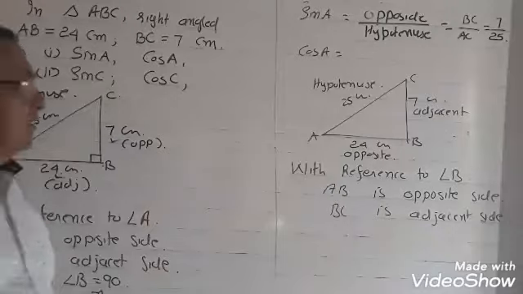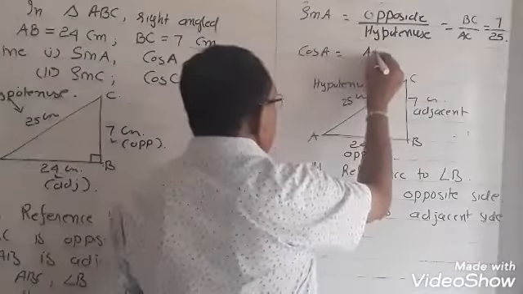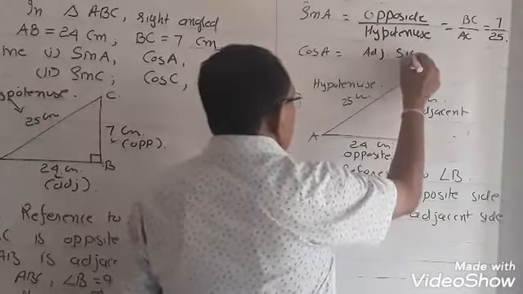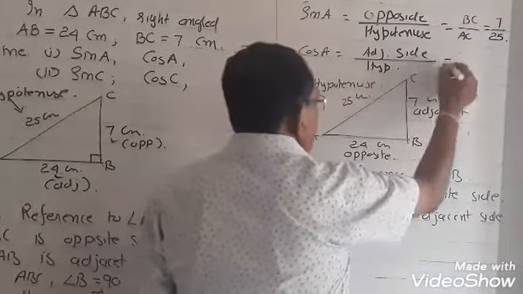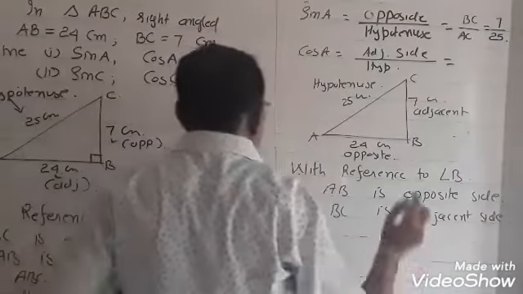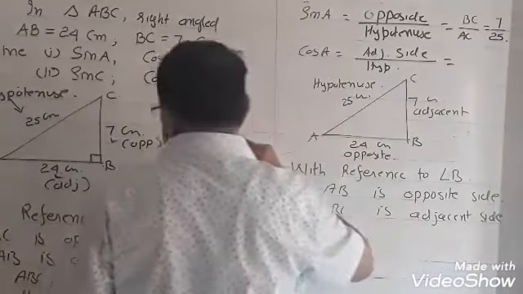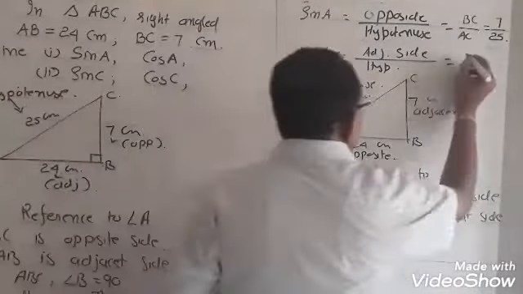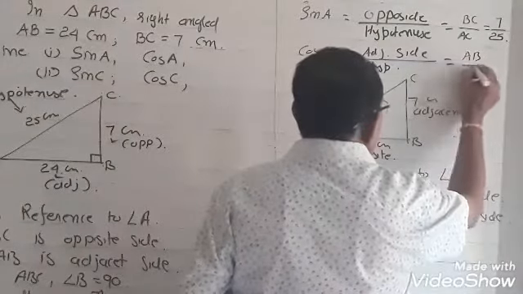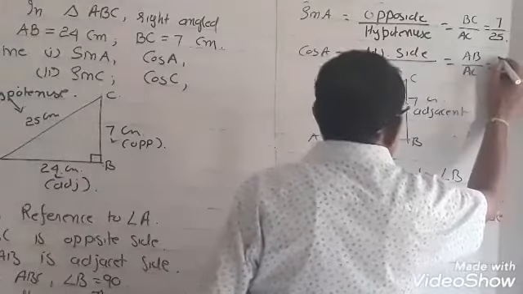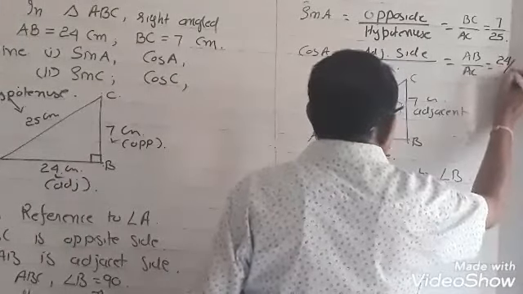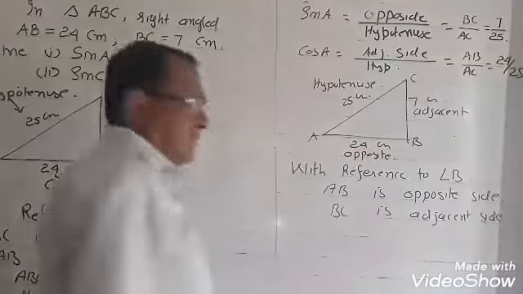Cos A, adjacent side upon hypotenuse. What is your adjacent side? AB. What is your hypotenuse? AC. Then 24 upon 25 is your answer.